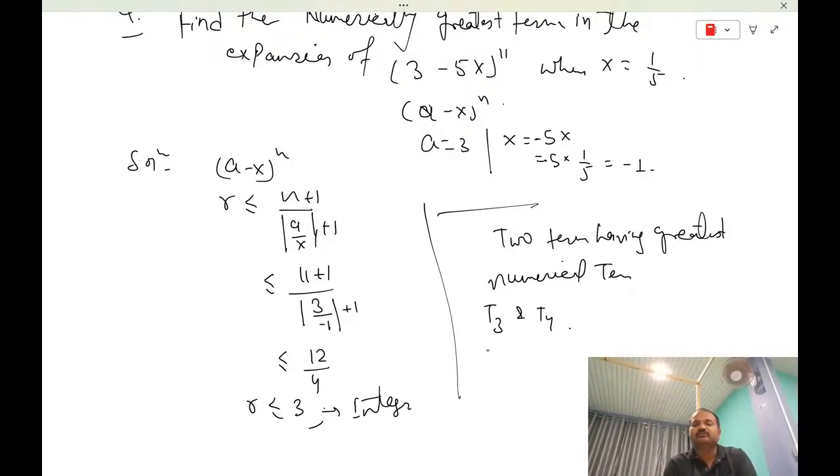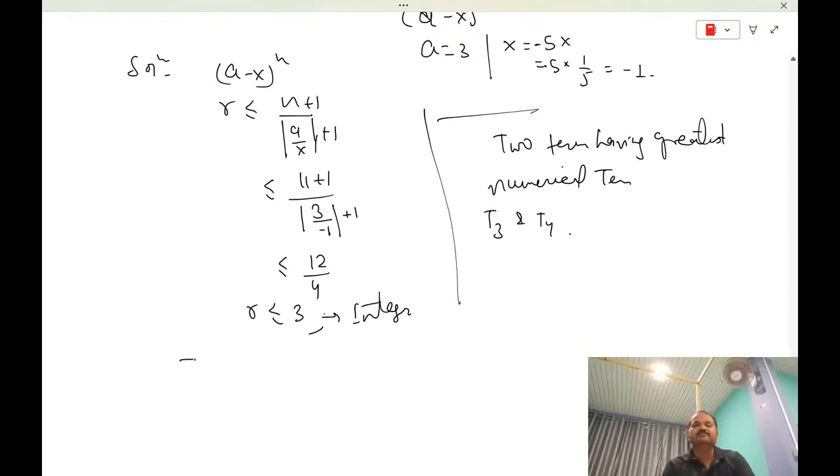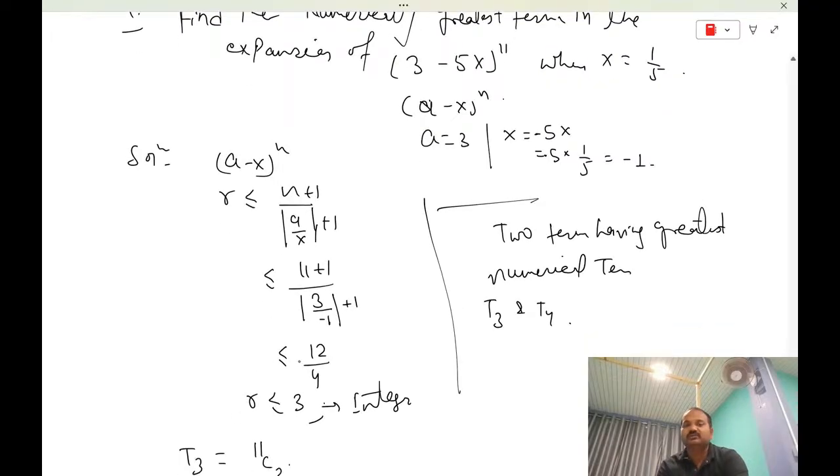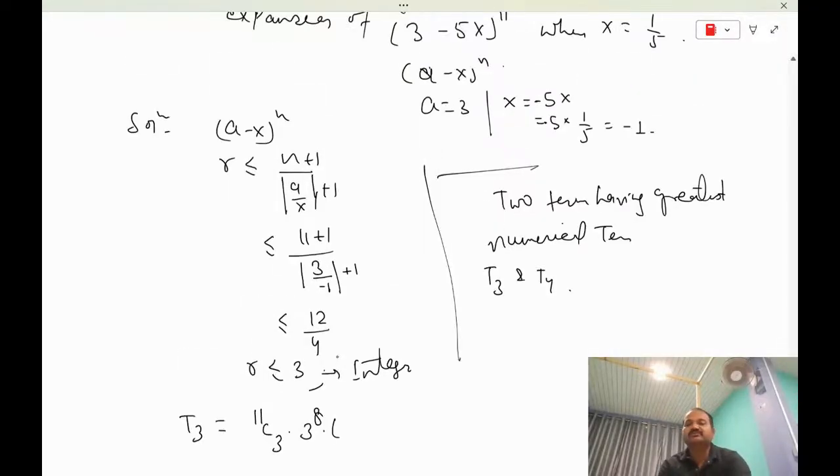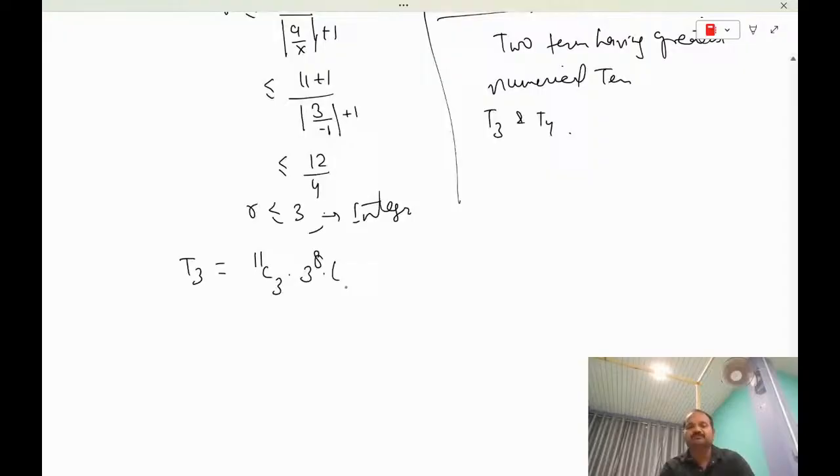So we will find T3, which is nCr, n is 11, so 11C3 into 3 to the power 11 minus 3, that is 8, and (minus 5x) to the power 3.